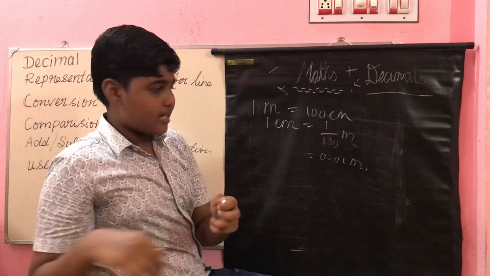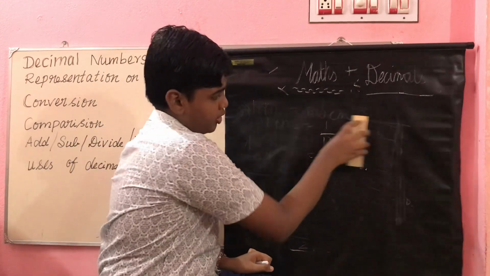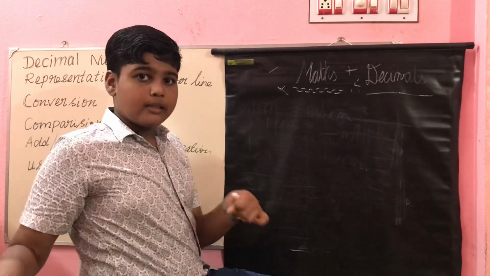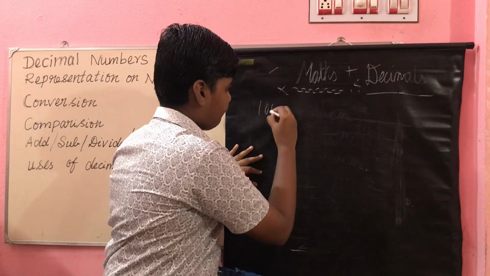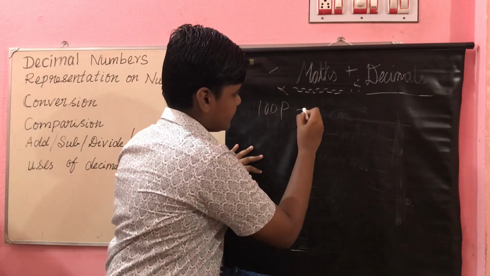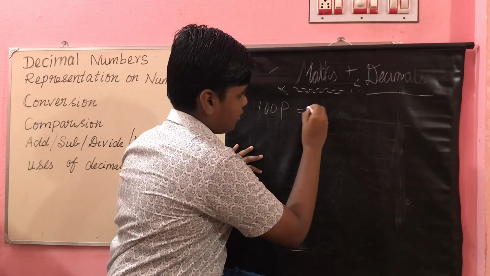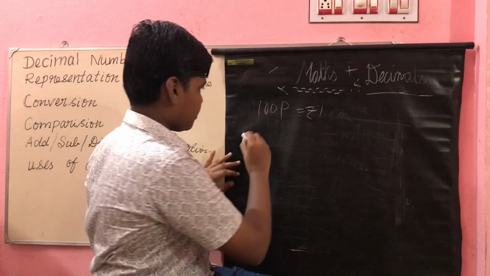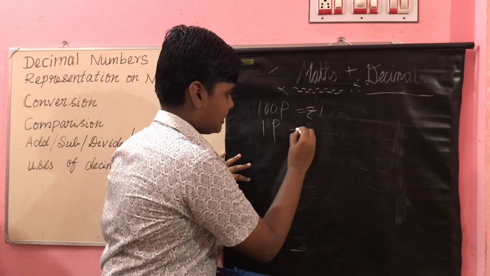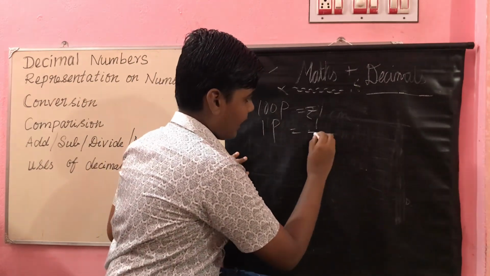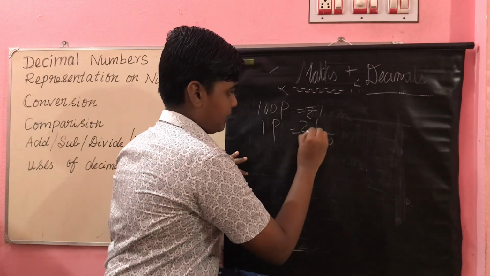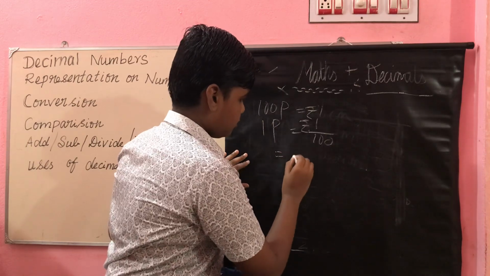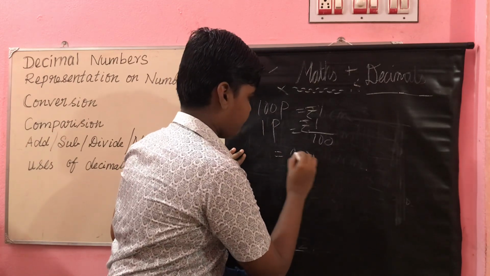I think you can understand, but I'll explain with one more unit formula. That is 100 paise is equal to 1 rupee. So 1 paisa is equal to 1 by 100 rupees, which is equal to 0.01 rupees.